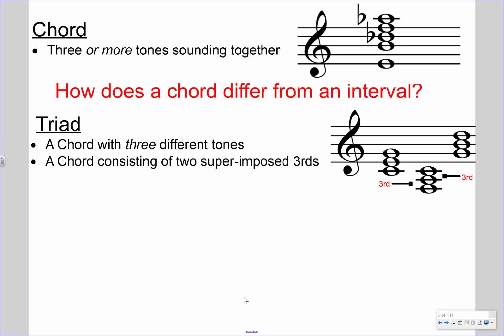In other words, a triad is a chord with three different tones. And a triad is a chord that consists of two superimposed thirds. If we look right here at this example, we can see that we have a superimposed third over a superimposed third. In other words, when we talk about superimposed, we're talking about one third being on top of another third.